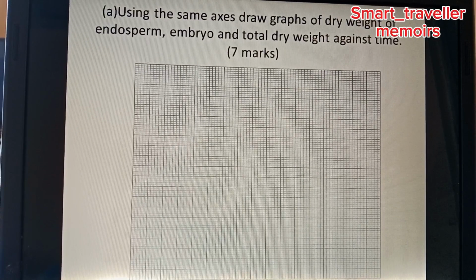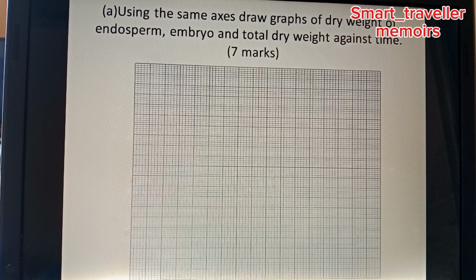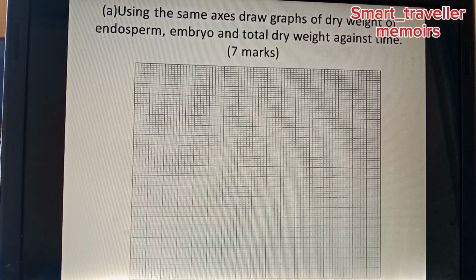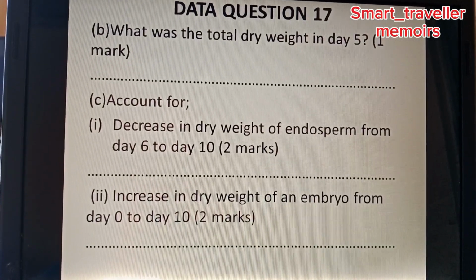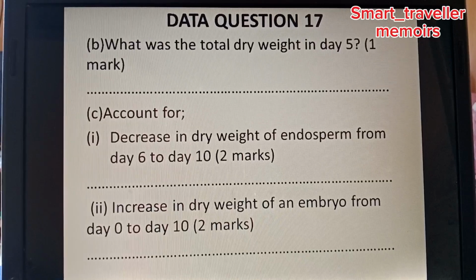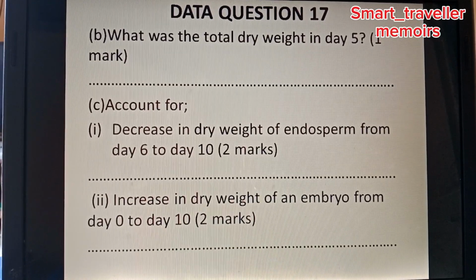Using the same axis, draw graphs of dry weight of endosperm, embryo, and total weight against time. You get 7 marks. What was the total dry weight on day 5?